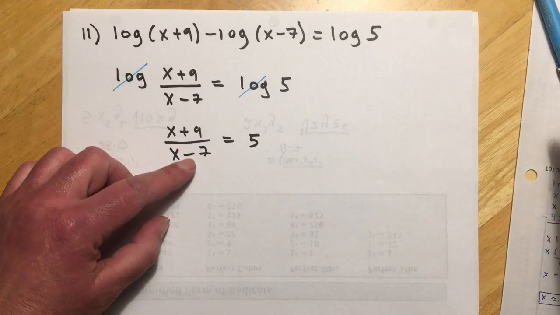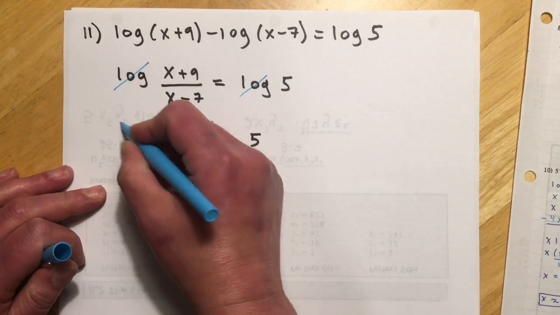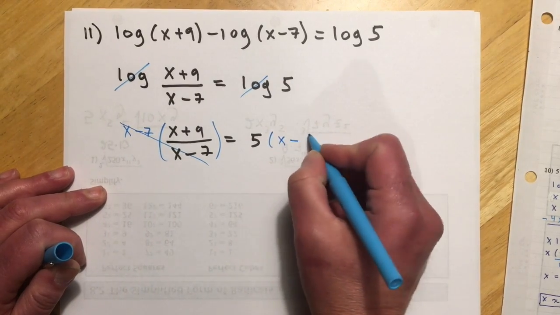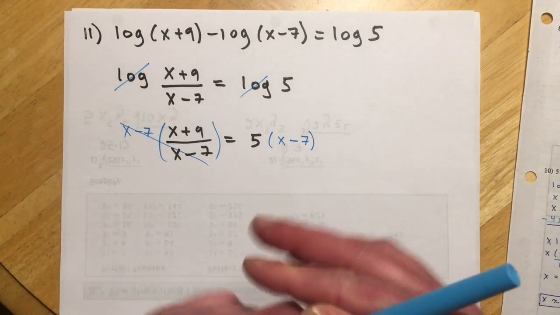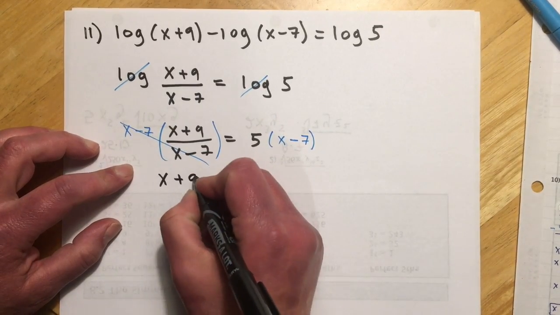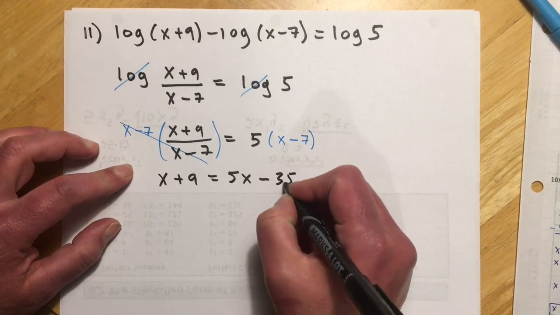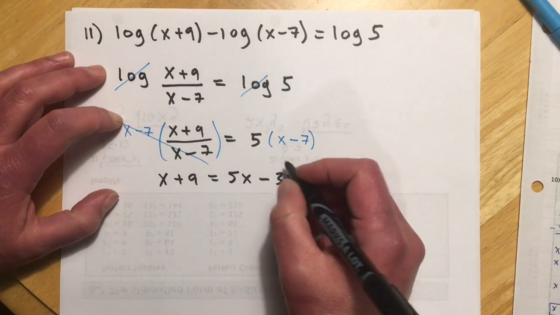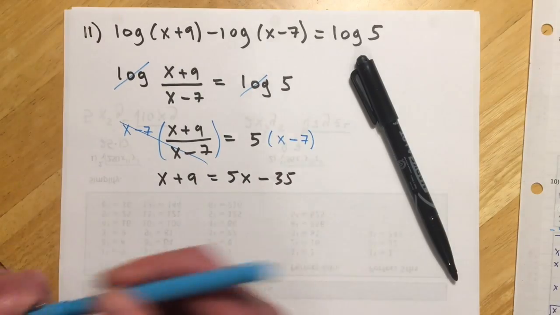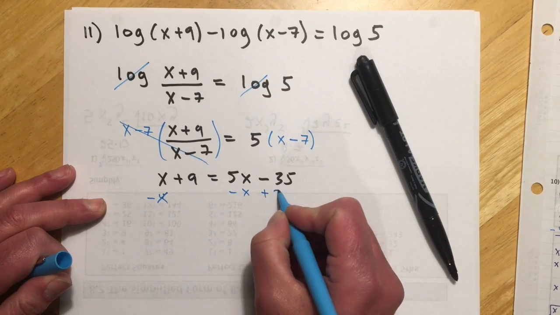And then I want to get this fraction cleared, so I'm going to multiply both sides by x minus 7 to cancel over here, and then that applies it over here. So that'll be x + 9 equals 5x - 35. And let's see, I'm going to bring the x this way, and I'll add the 35 this way.